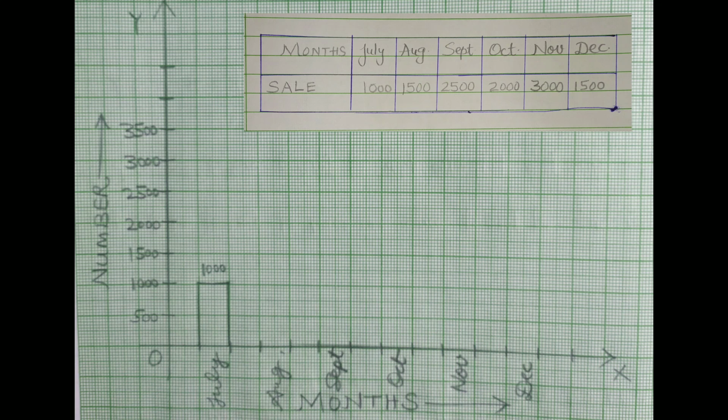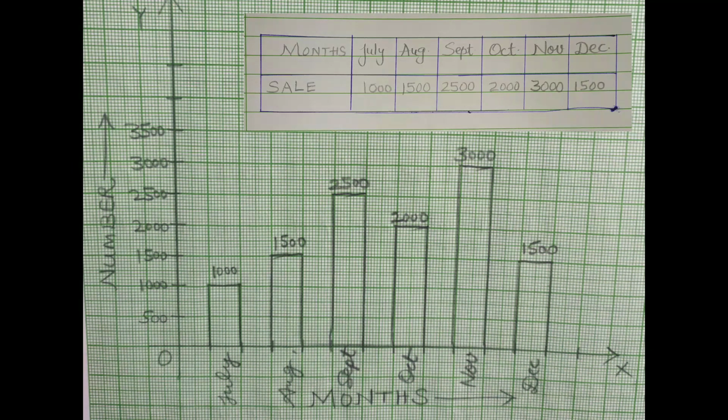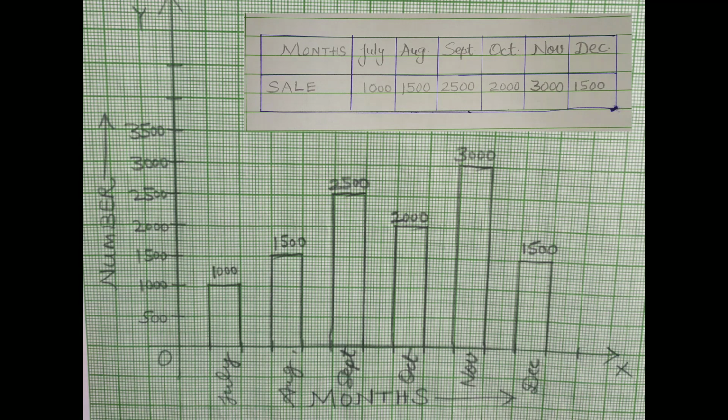Similarly, for August we take the height as 1500, and there is a gap of 1 centimeter, meaning one line is left vacant between July and August. No two months are drawn consecutively. They have some gap between them.